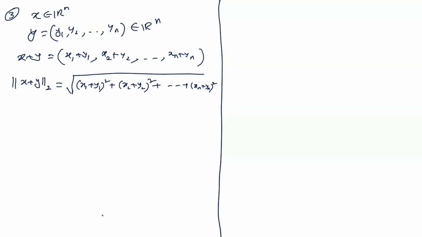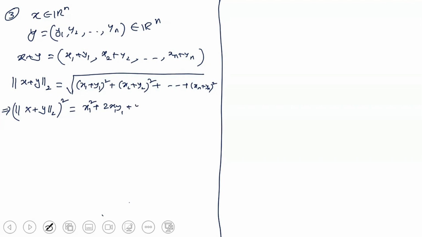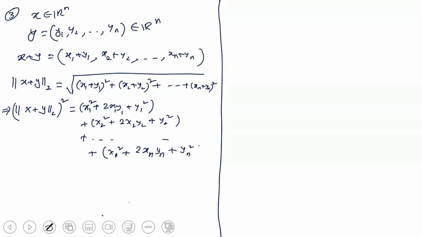But we can write that this implies the norm of x plus y to its whole square is equal to x1 square plus 2 x1 y1 plus y1 square, plus x2 square plus 2 x2 y2 plus y2 square, and so on, the last one being xn square plus 2 xn yn plus yn square.